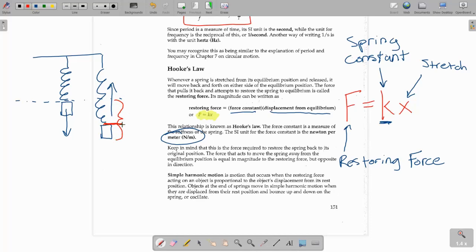This distance from here to here is what we refer to as X, the stretch or the displacement from equilibrium. Also referred to as amplitude. Some of this stuff you've already been exposed to and we talked about in our other notes, but just to go back over it there.